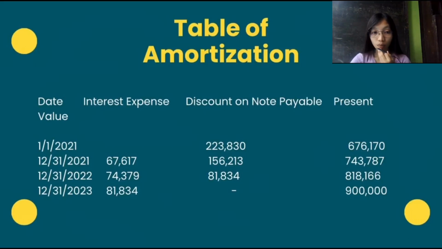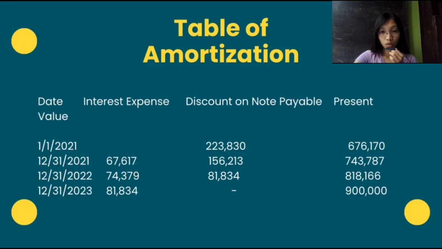And for the discount on note payable on December 31, 2021, kay less nato ang interest expense nga 67,617 sa discount on note payable on January 1, 2021, which is 223,830. So, mao ng 156,213 ang atong discount on note payable on December 31, 2021.